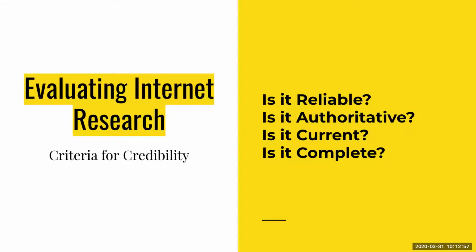Right? Because you could find research almost anywhere on the internet, but you have to run it through a process to make sure that it's actually accurate, right? So we want to make sure that it's reliable, we can trust it, we want to make sure it's authoritative, we're going to talk about what that means, that it's current, most current to date, and is it complete? And we'll talk about what that means.